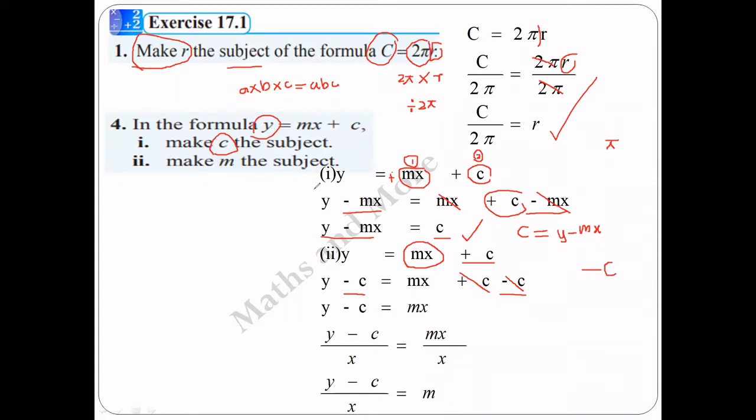But our goal is keeping only m on the right hand side. What is the unwanted term on the right hand side? Still m is not the subject. Can you recall that picture? That woman was only on one side, others were on the other side.